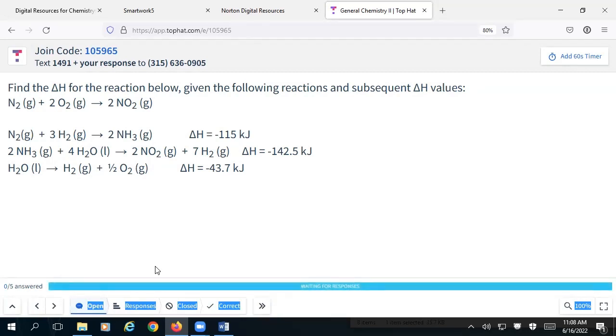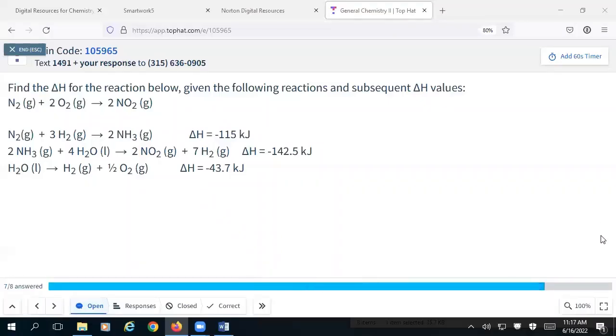Match it up. Find the components of the target reaction and try to line them up number for number and see if that gets us where we need to go. We'll come back in a couple minutes and talk about the correct answer.